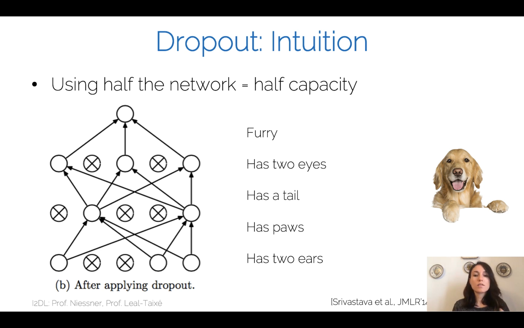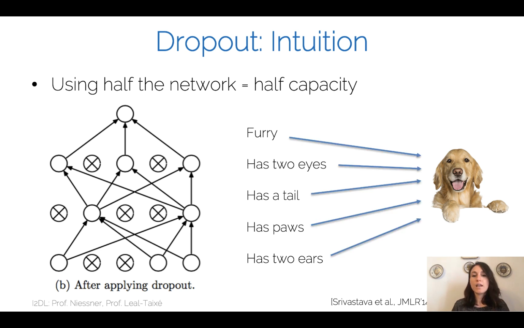Other neurons detect whether there's a tail in the image, etc. So several neurons have been specialized to detect all of these characteristics, and now suddenly you drop half of them, so you ignore half of them. Effectively, instead of using all the small classifiers, all the characteristics, to make a decision, you use only half of them.